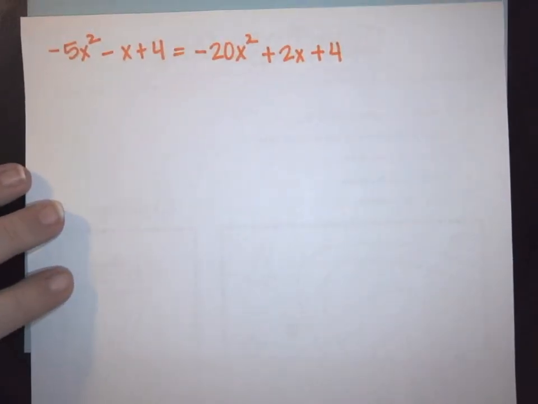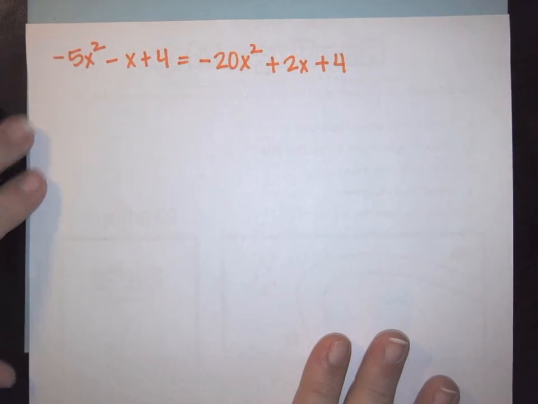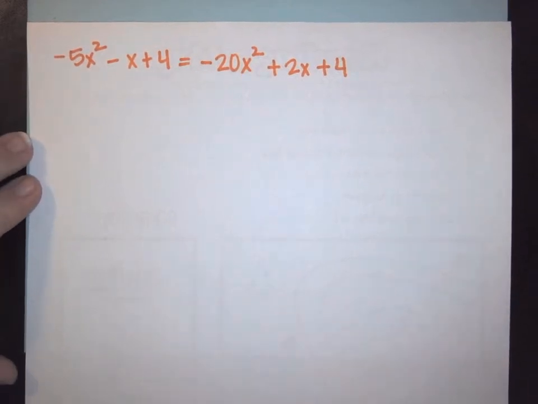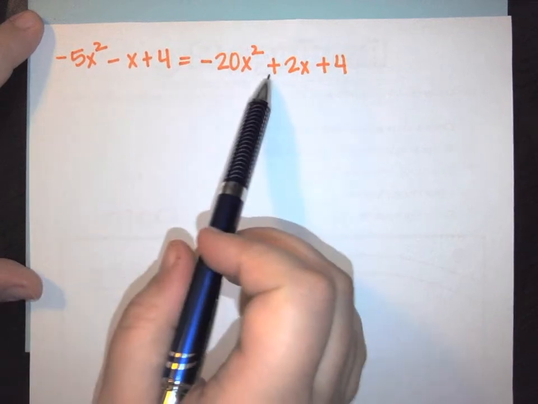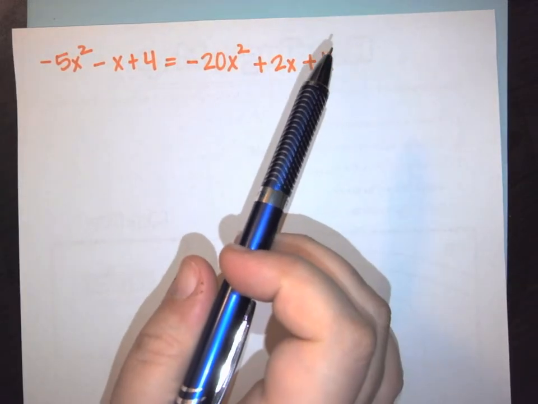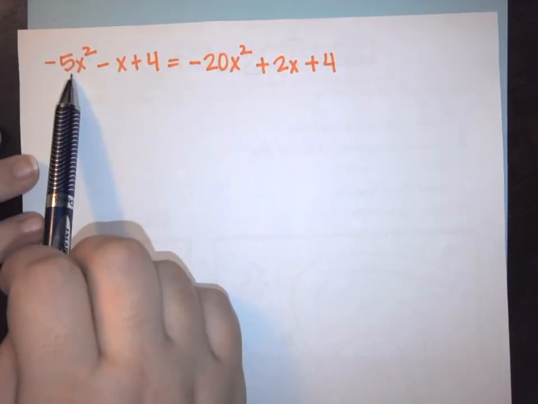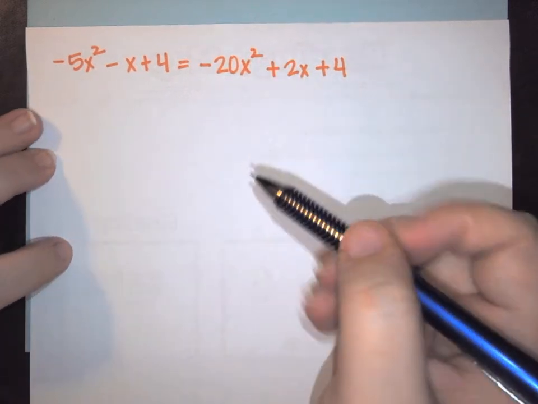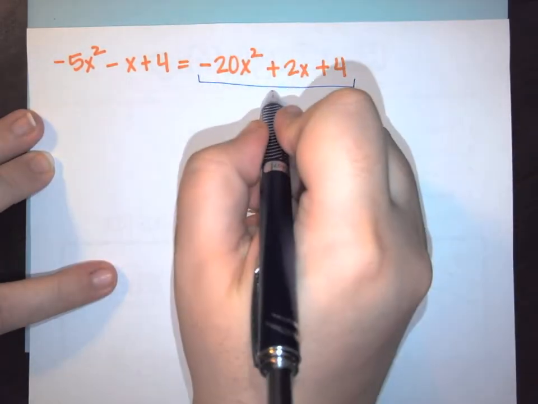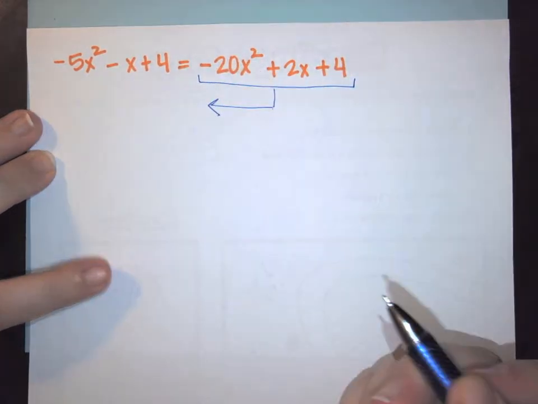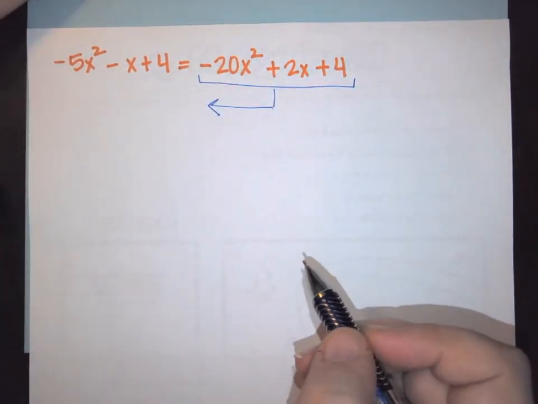Alright, let's go ahead and take a look at one more example here. So in this case, again, I have terms both on the left and right. I want to do everything I can to make sure that my square term is positive. So I would take all of my terms on this right side and move them all to the left.